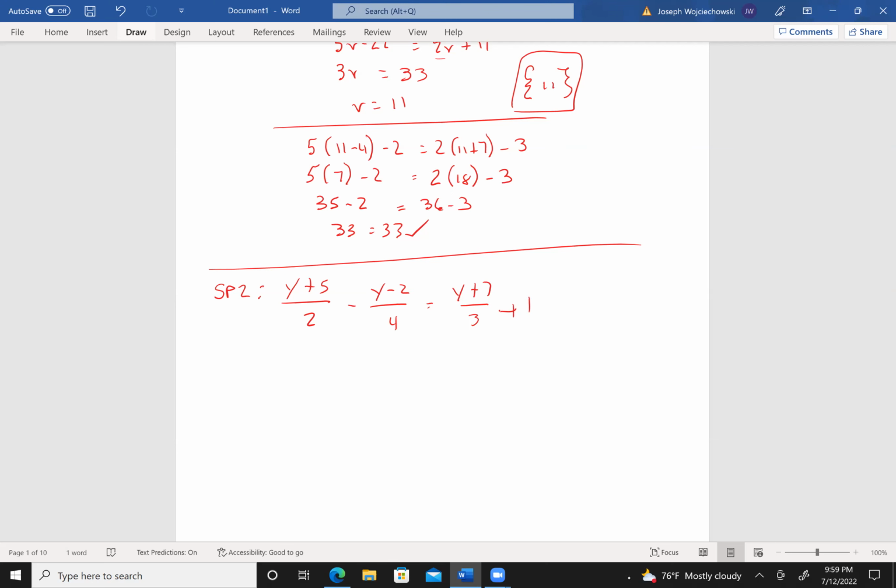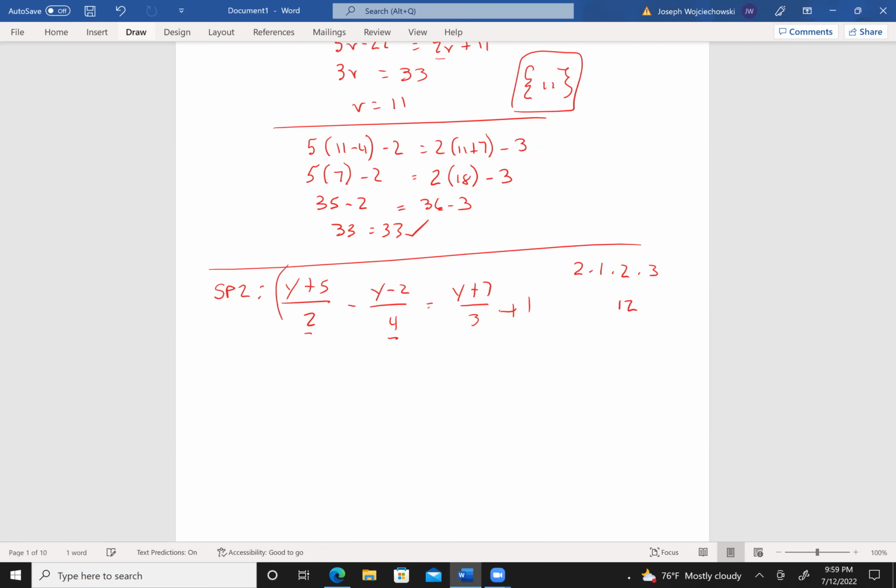Now we can look for a least common denominator. My denominators here are 2 and 1, 2 times 1. Well, this here is 2 times 2. And this here is 1 times 3. So my least common denominator is 12.